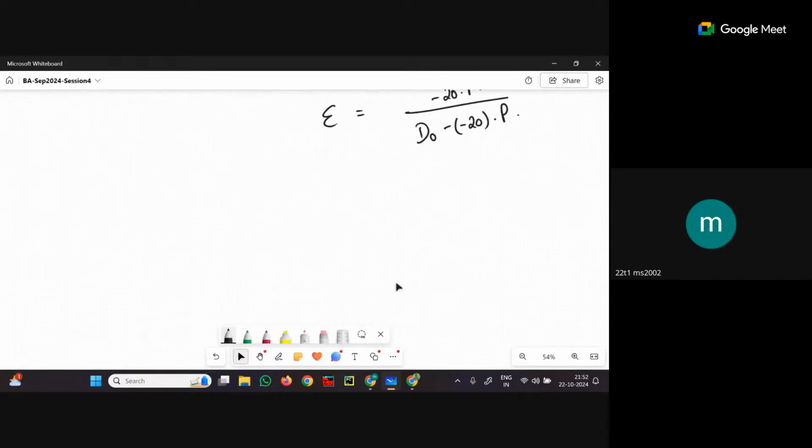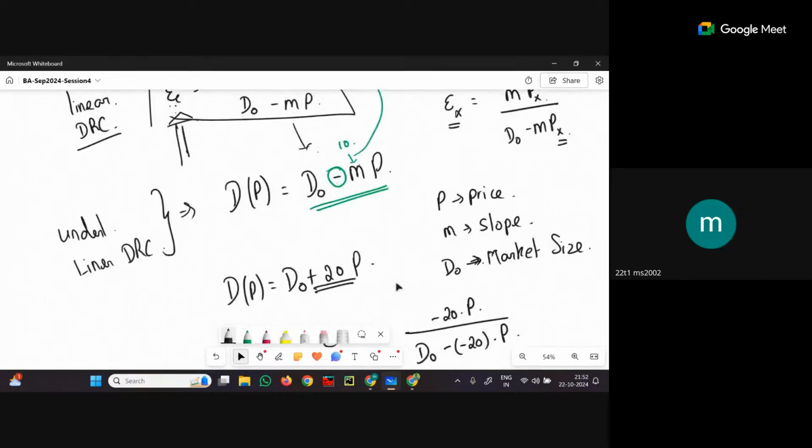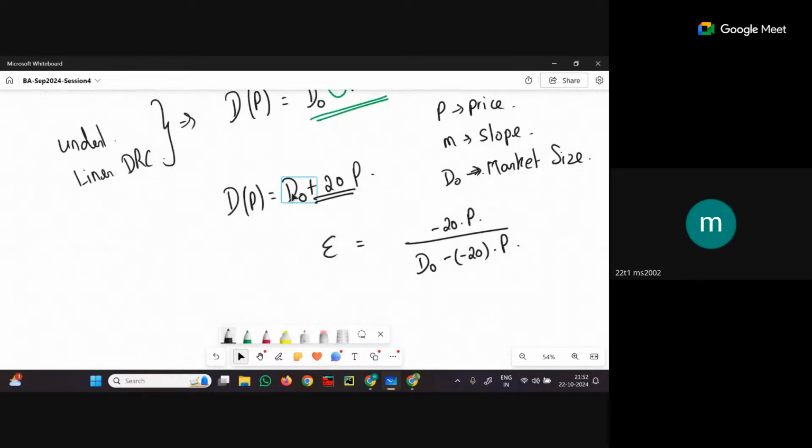Clear? And here, if d0 minus mp, so here m is plus 20 into p. If this becomes positive, you take the negative value for the elasticity. Okay, everyone clear?